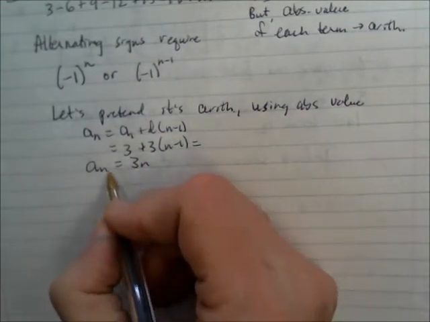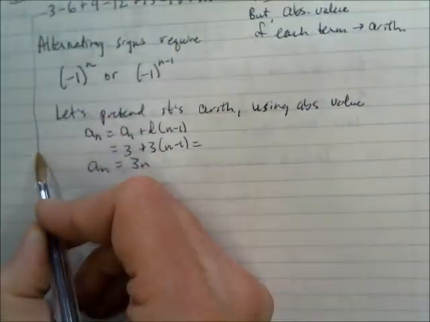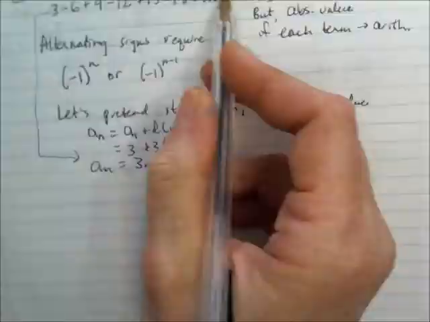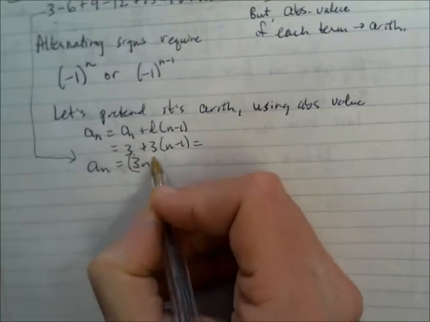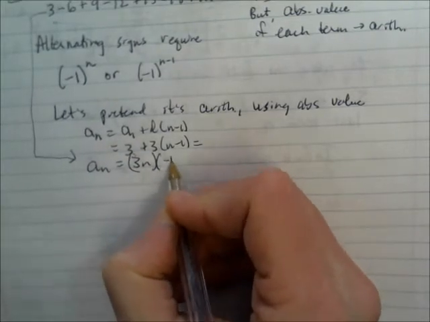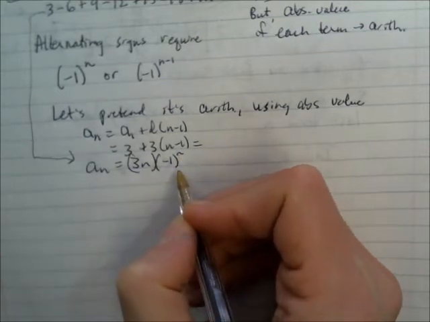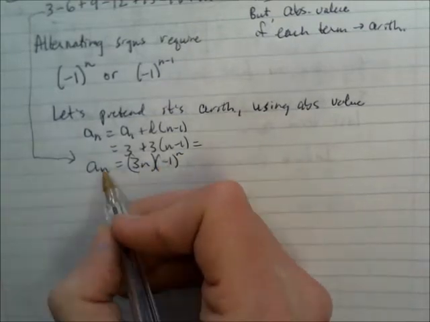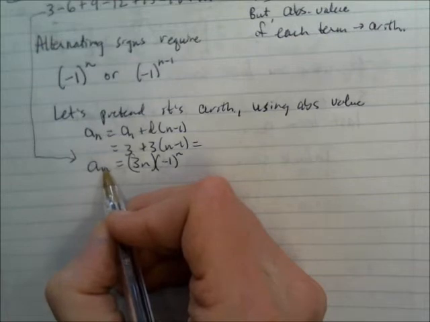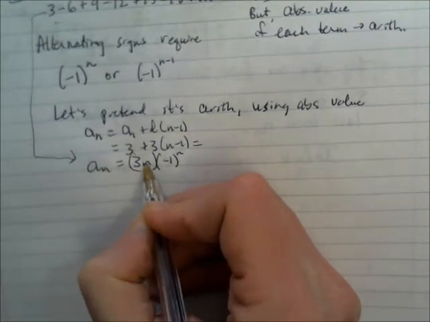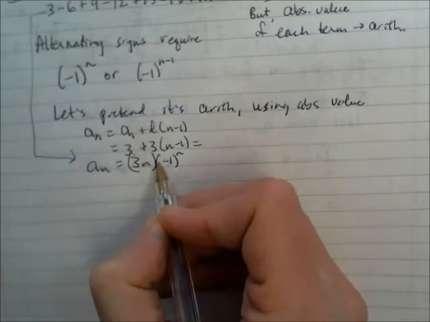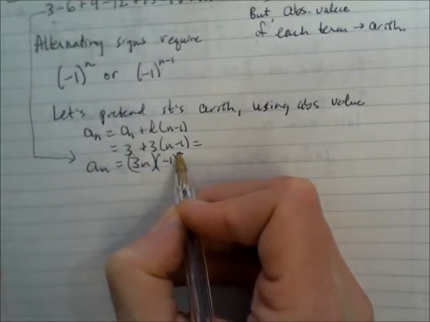So what we're going to do is we're going to take this alternating sign and we're going to tack on a -1 to the power of, it's either going to be n or it's going to be n minus 1, and we're going to test that. If we want to find a1, the first term is equal to 3 times 1, which is 3, times -1 to the 1, which is -1.